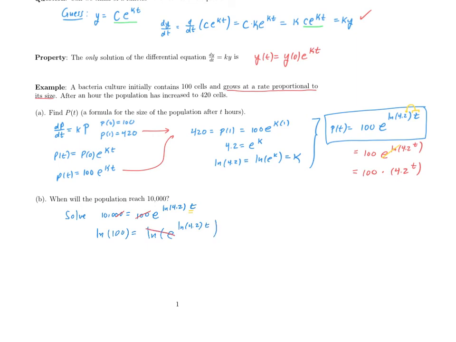The natural log of the exponential cancels, and we have the natural log of 100 is the natural log of 4.2 times t. And if we isolate t, we have the desired time. Natural log of 100 divided by the natural log of 4.2.